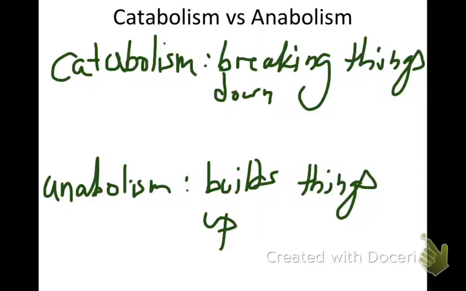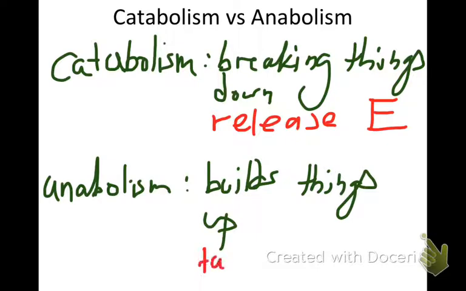A key part about this idea is that catabolism is going to release energy. E is the energy. And anabolism is going to build things up and, in fact, take in energy. The important thing is to realize that catabolism and anabolism are like two sides of the same coin.